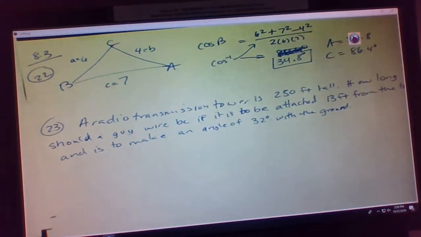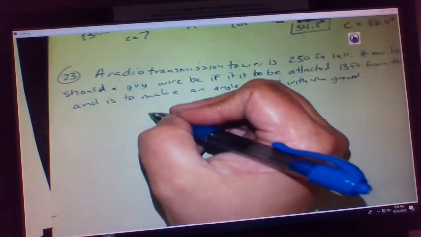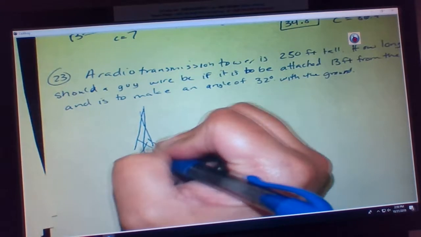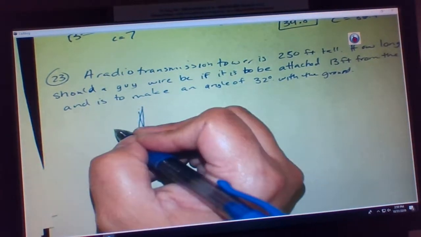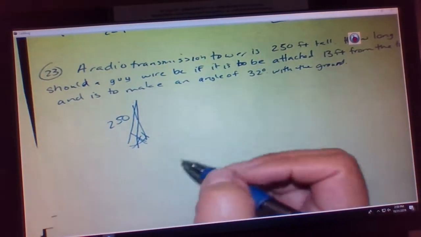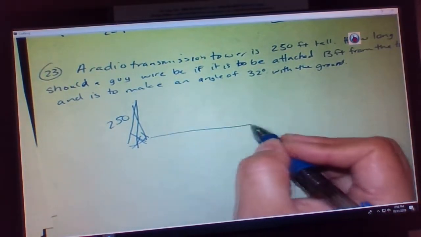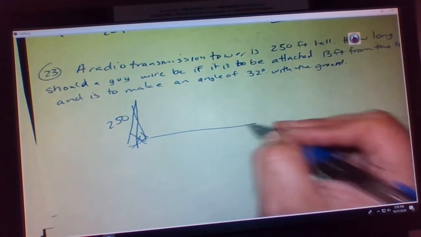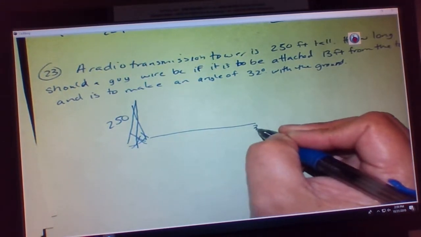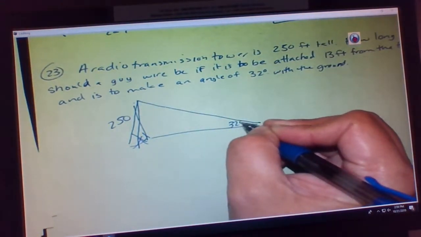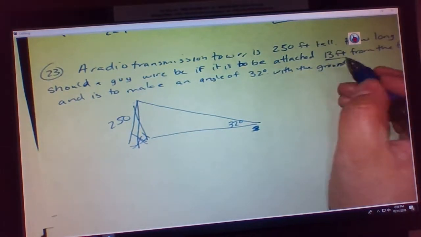In this one, it does help if you draw little pictures so you can understand. Here's the tower, right? Whatever. Your tower's more beautiful than me. The tower is 250. You're going to run a wire, and it says with the ground, there is an angle of 32 degrees. But they mention 13.